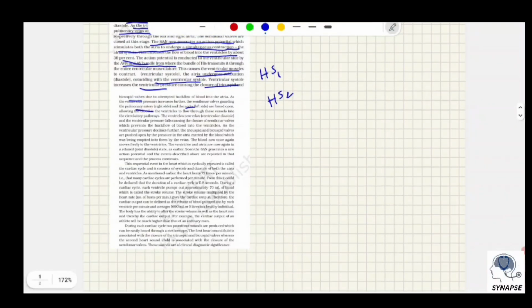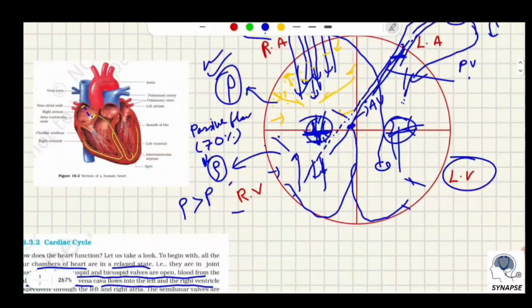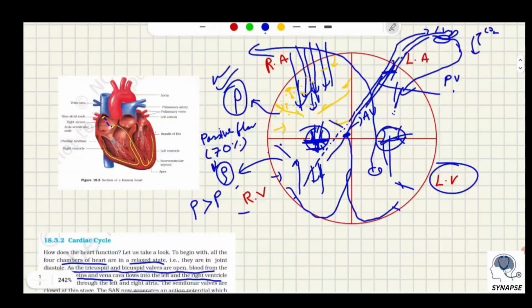This is the dub sound. Now the atria have relaxed, the ventricles have relaxed, and again the same thing will occur cyclically to cause the cardiac cycle.